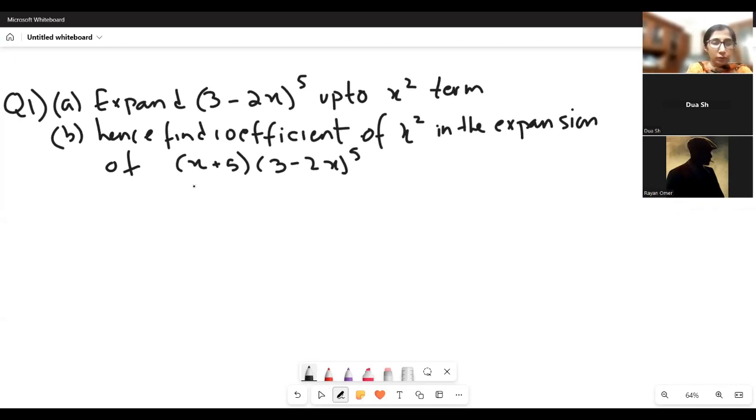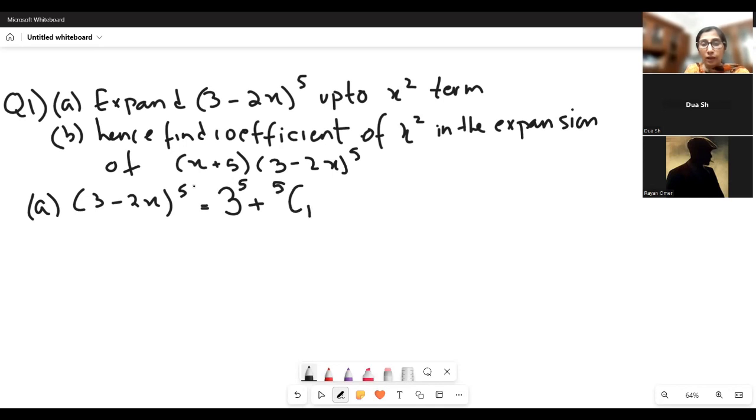Okay, start with part A. Expand (3 - 2x)^5 up to the x squared term. So the first term is going to be 3 power 5. Remember, a power n. So 3 power 5 plus nC1 times 3 power 5 minus 1, which is 4, then b power 1.